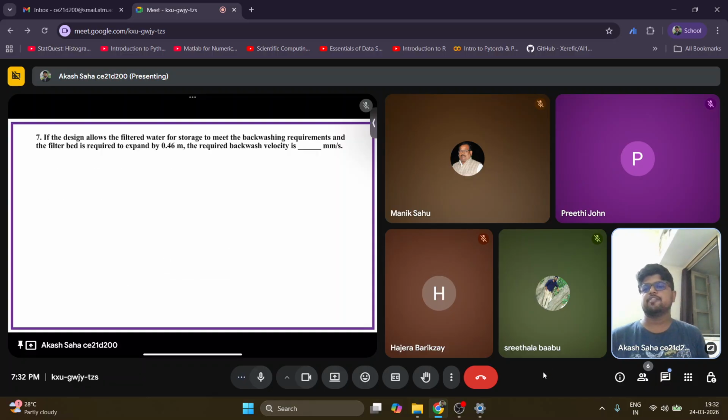Next. If the design allows the filtered water for storage to meet the backwashing requirements and the filter bed is required to expand by 0.46 meter, the required backwash velocity is. So now they are asking for the backwash velocity, and the filter bed expansion is given as 0.46 meter.